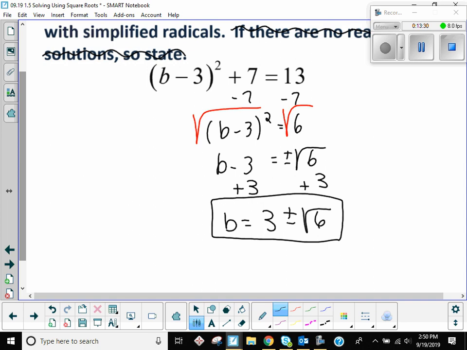You can also write the radical first, like this, if you wanted to. Plus or minus square root of 6 plus 3. It's whatever you like. Any questions about that? Next slide.